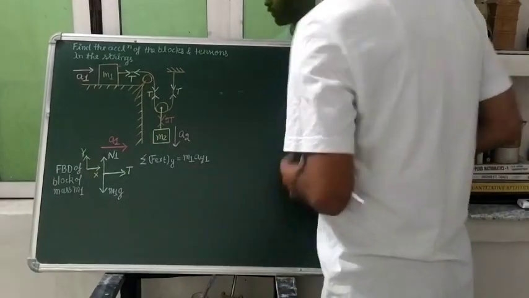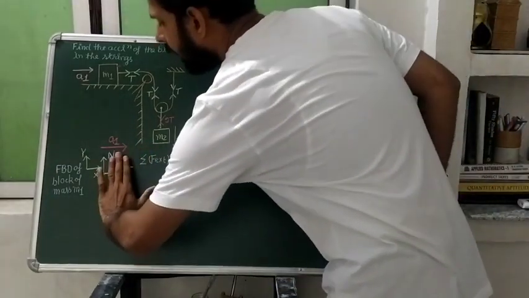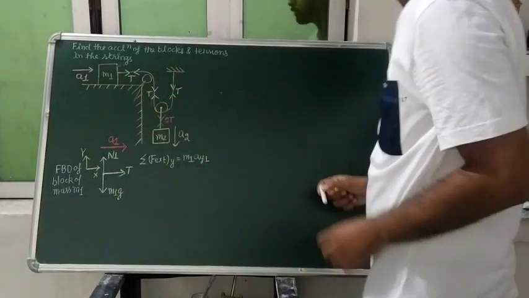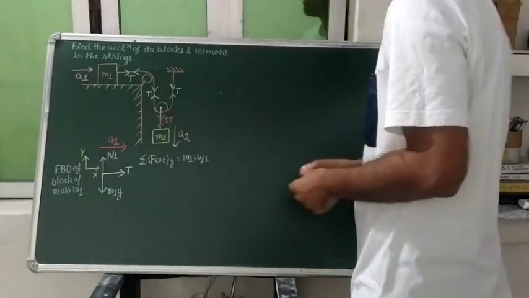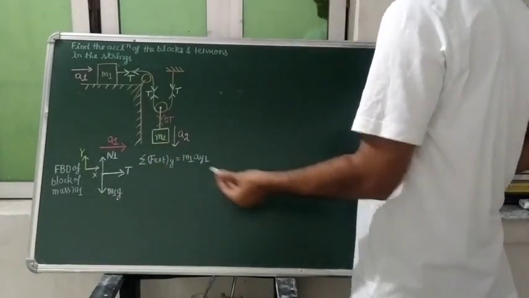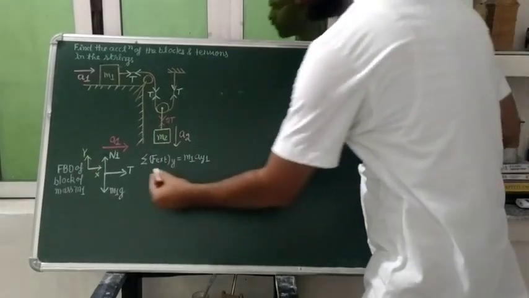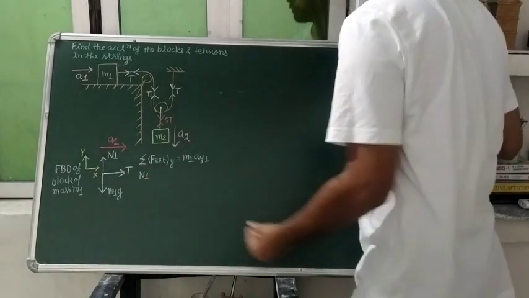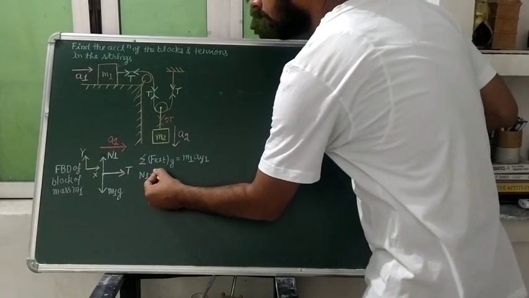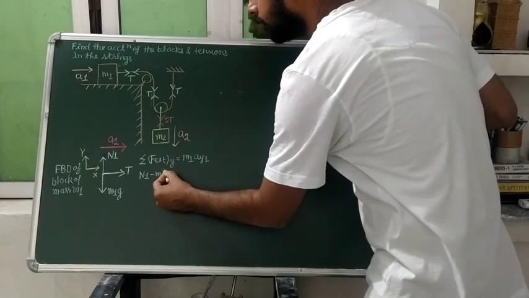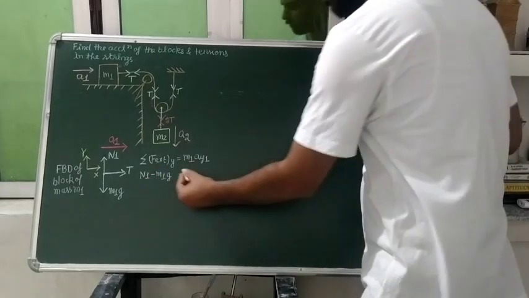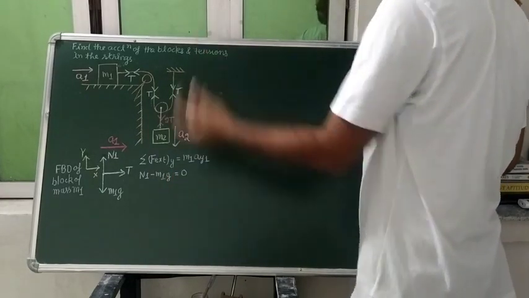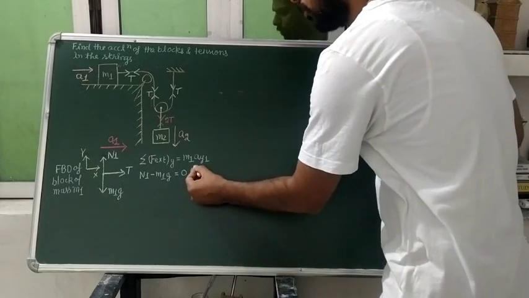Obviously, when we look into the y direction, n1 and m1 g forces are acting here, and upside we have assumed as positive. So from here what will we get? The external forces are n1 minus m1 g, and here we will get 0 since there is no acceleration in y direction for block 1, isn't it?